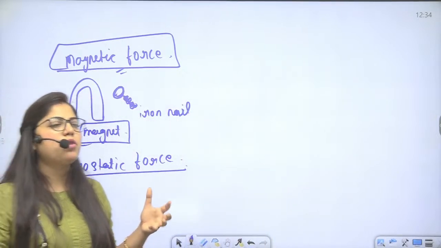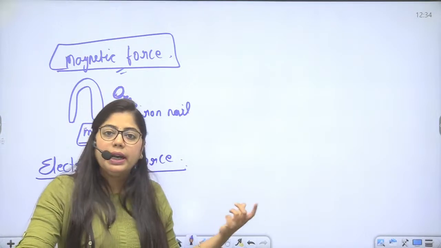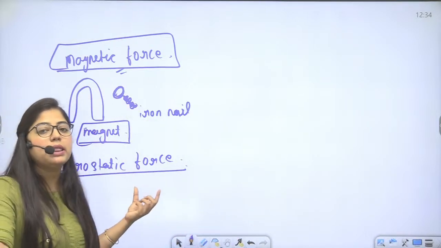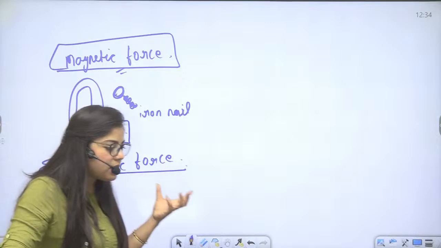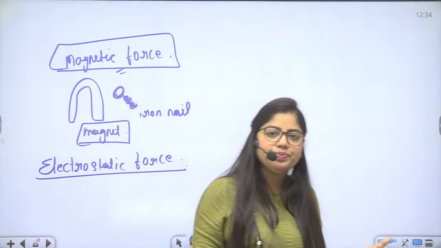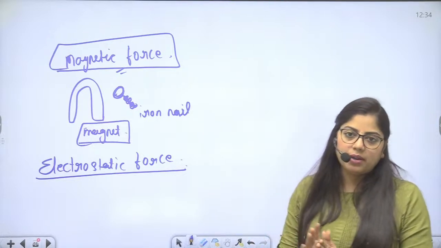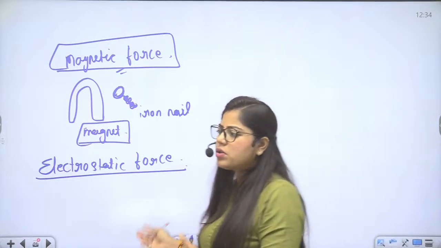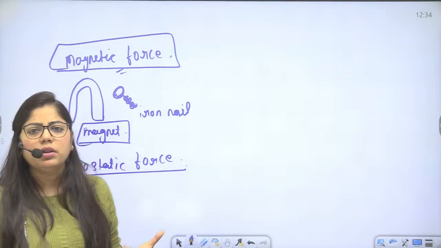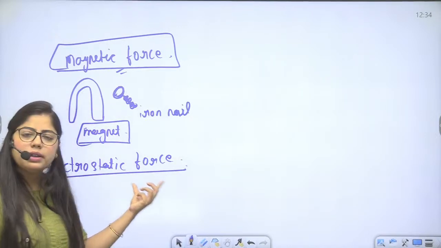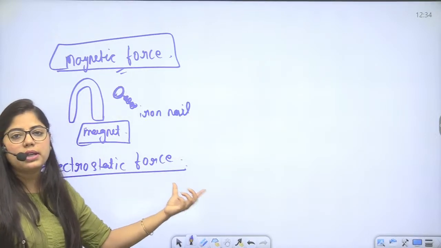Many of you aspirants did this experiment in your school times, when many teachers performed this experiment. You can also perform it in your home. If you are free, you can definitely do this experiment.